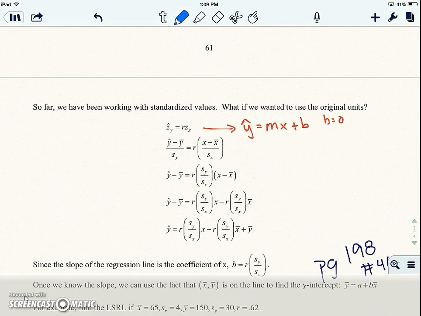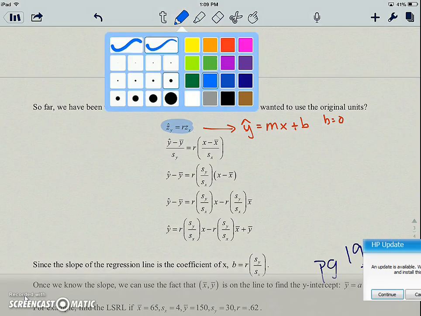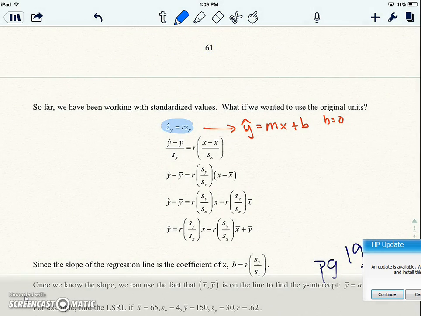So far we've been working with standardized values, so this would be the equation of the line of best fit. Basically it's y hat equals mx plus b, where b equals 0, or we could be more AP stats with that and say that it's y hat equals b sub naught plus b1x, where b sub naught equals 0.